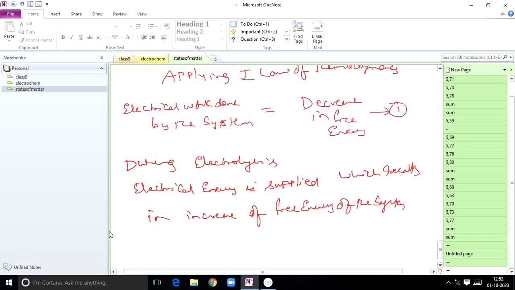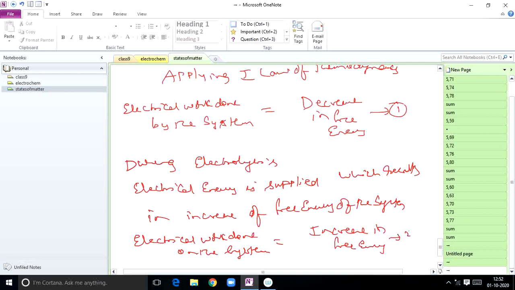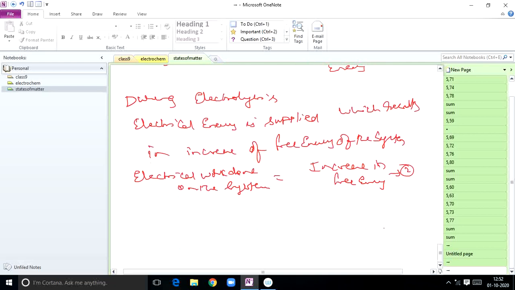So electrical work done on the system. So from this we can say electrical work done on the system is equal to increase in free energy. So this is the second equation. By the system is different from on the system.